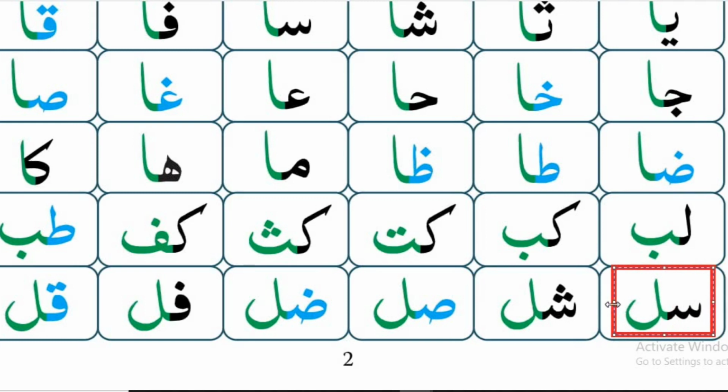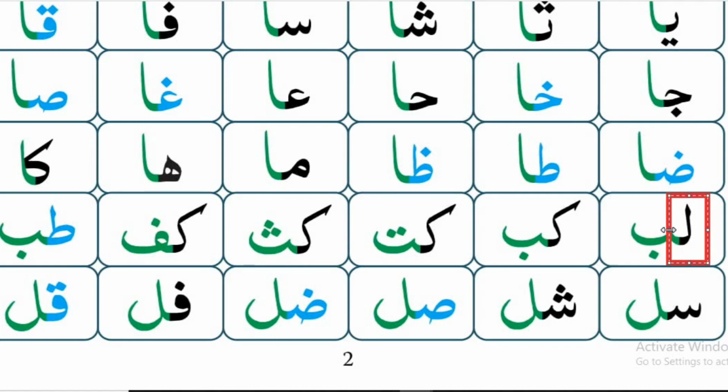The first one is the half shape of the letter, but the second is the full shape of Lam. So every letter which is not connected to the next letter will always be in its full shape. That is why here the first letter is easy to recognize. It is Lam. It looks like Lam.